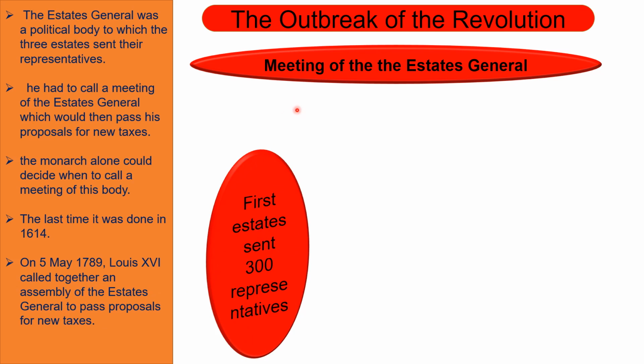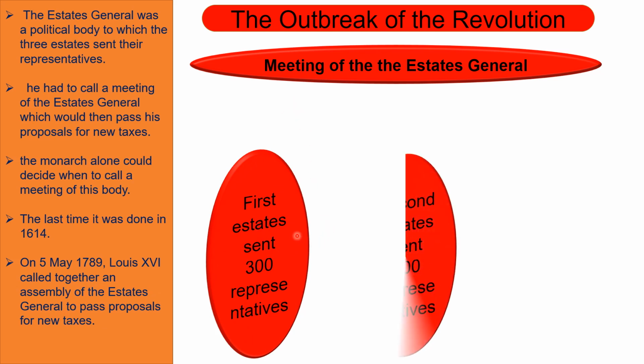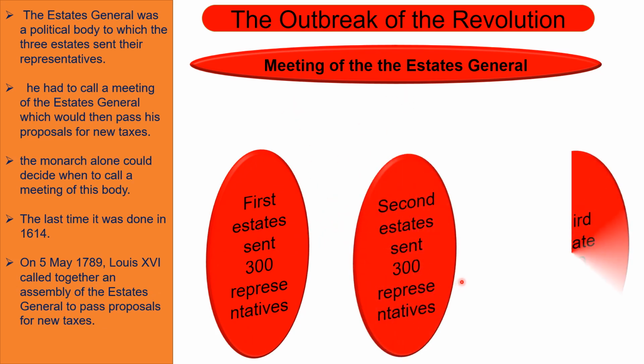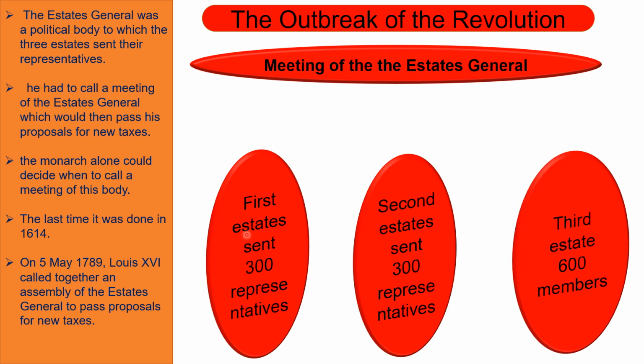And this was the structure of the Estates General. First estate sent 300 representatives, second estate sent 300 representatives, and third estate sent 600 representatives.